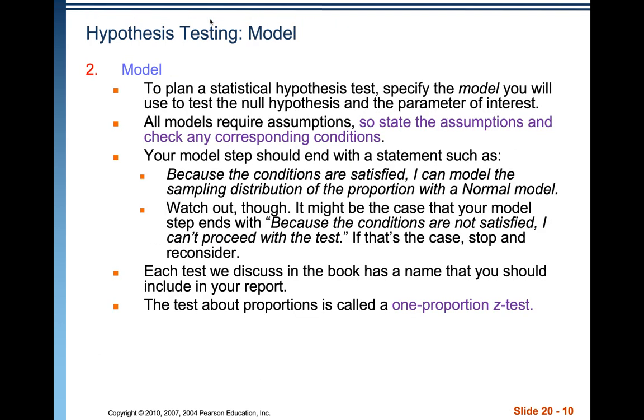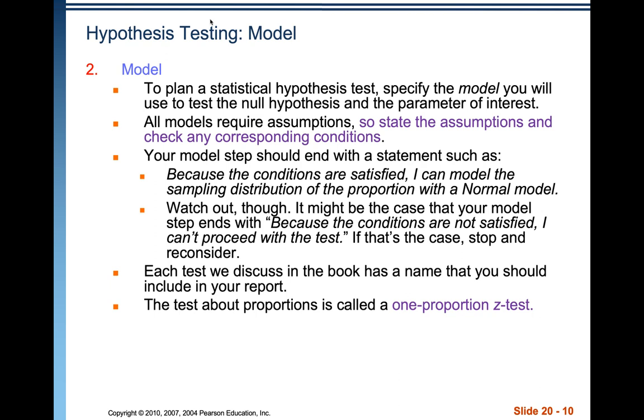To plan a statistical hypothesis test, specify the model you will use to test the null hypothesis and the parameter of interest. All models require assumptions, so state the assumptions and check any corresponding conditions. Your model step should end with a statement such as, "Because the conditions are satisfied, I can model the sampling distribution of the proportion with a normal model."